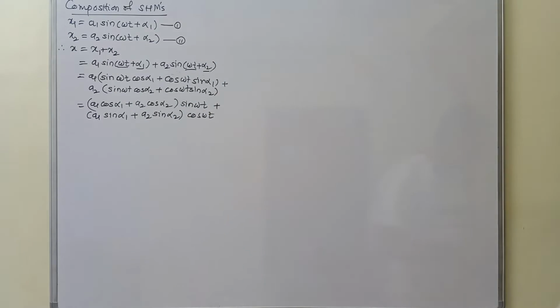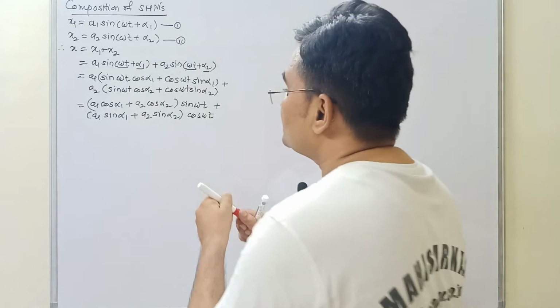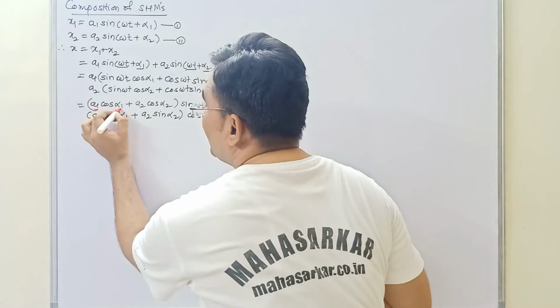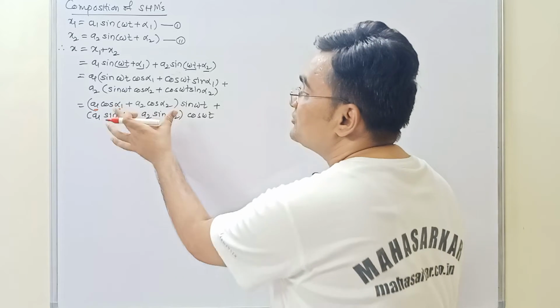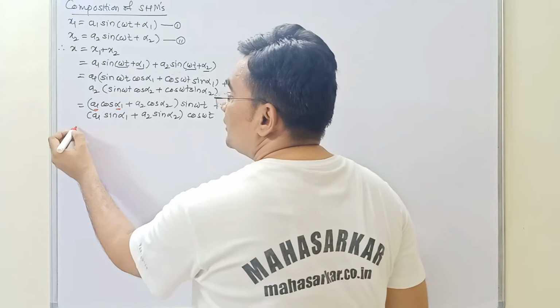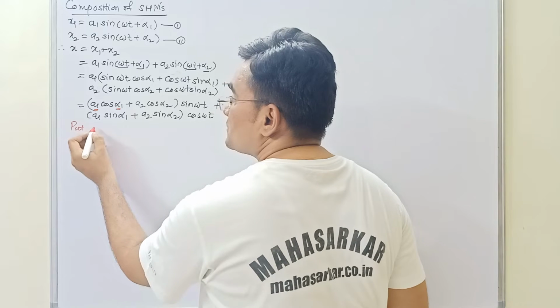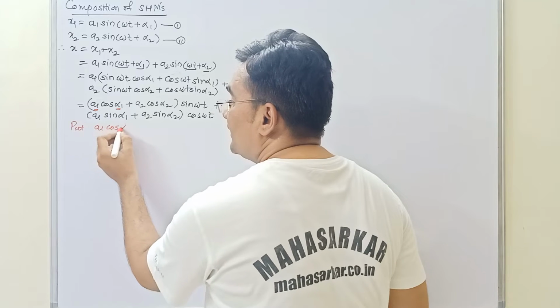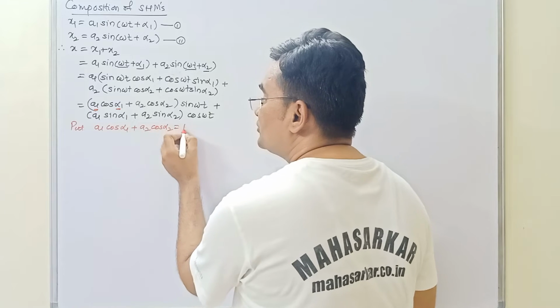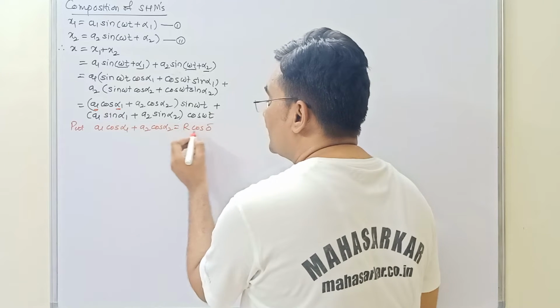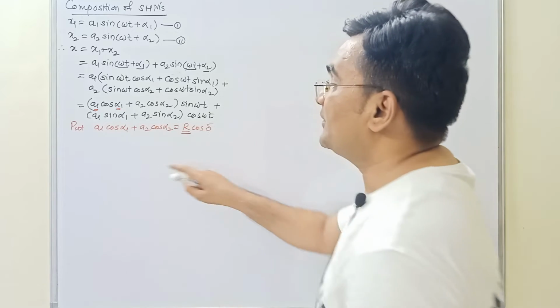Now as you can see, the terms in the brackets consist of constants, meaning the values of amplitude and phase. If a1 represents amplitude and alpha 1 represents phase, here also, here also. So I am going to substitute each bracket as another term. So put a1 cos alpha 1 plus a2 cos alpha 2 equal to R cos delta. Now what is represented here?